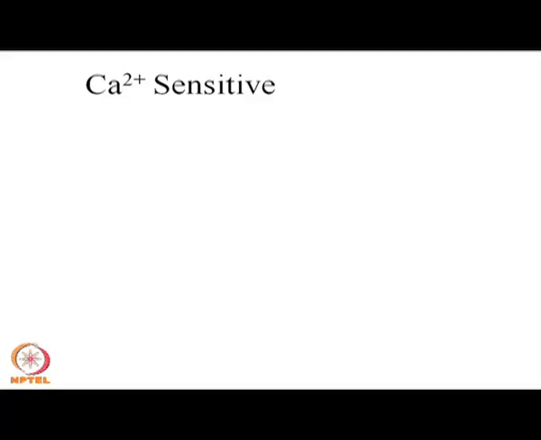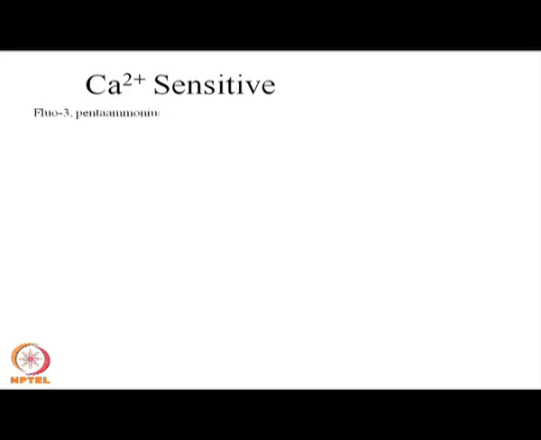There are examples where you can find interference, but still the important thing is that those fluorophore molecules are quite selective to some of the ions, meaning inorganic ions.